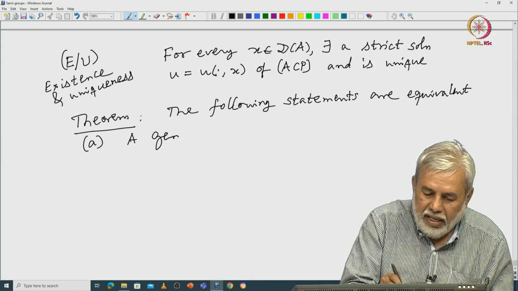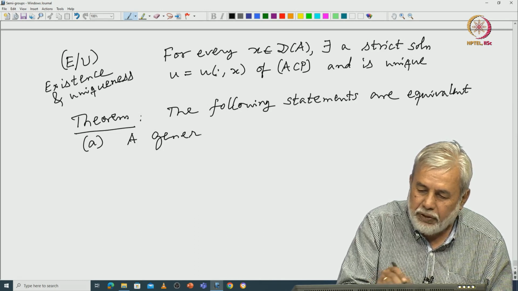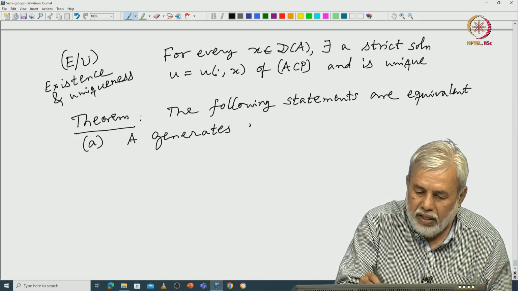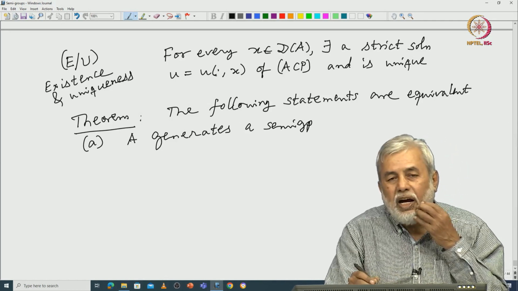Again, recall that semigroup for us means strongly continuous semigroup.